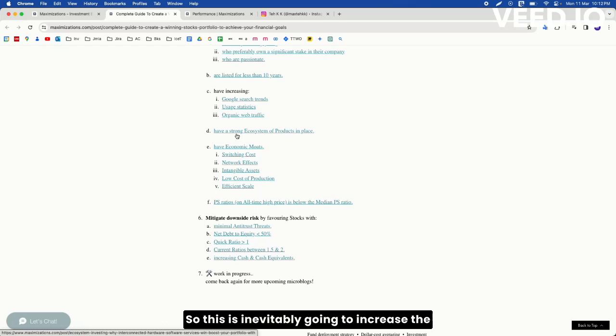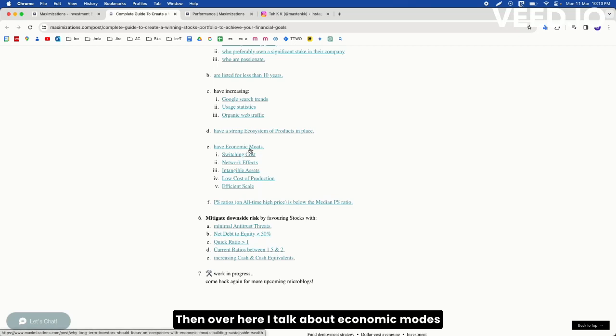So this is inevitably going to increase the customers' lifetime value, increase their switching costs, and increase the barriers of entry for their peers in the industry as well.